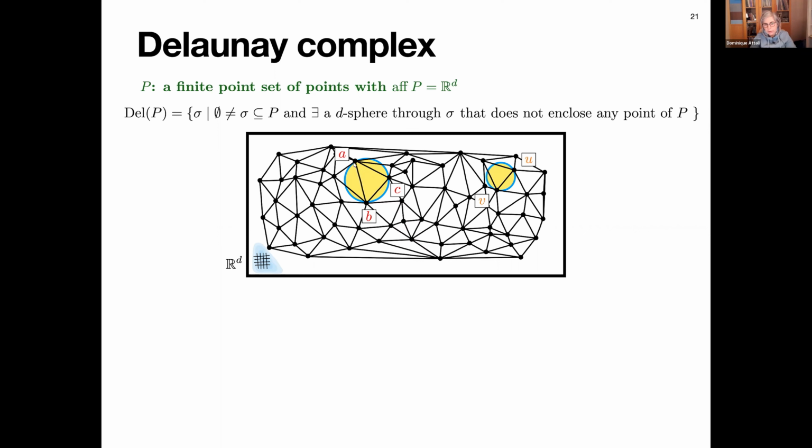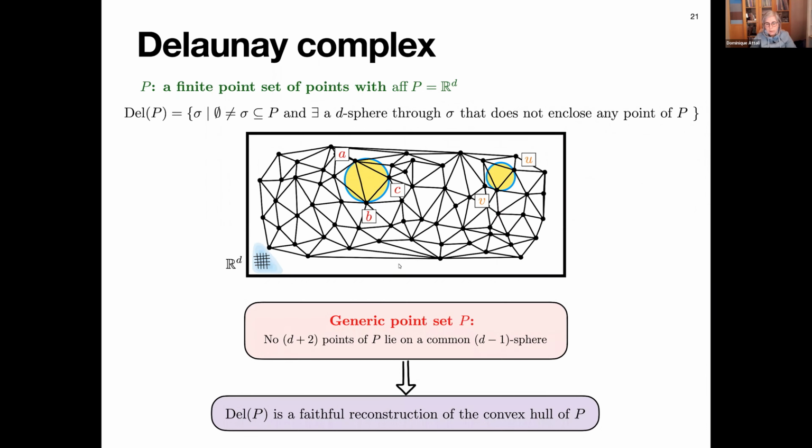So for instance, here, my triangle ABC is a Delaunay triangle, and the edge UV is also a Delaunay edge. And it is known that if the point set is in generic position, then the complex is indeed a faithful reconstruction of the convex hull.